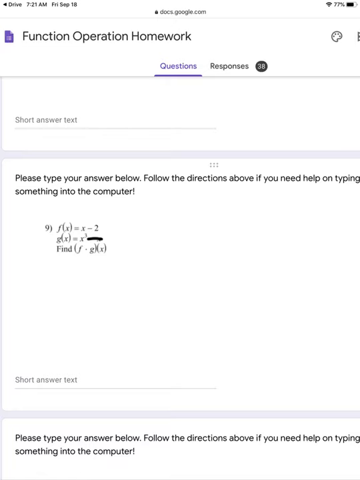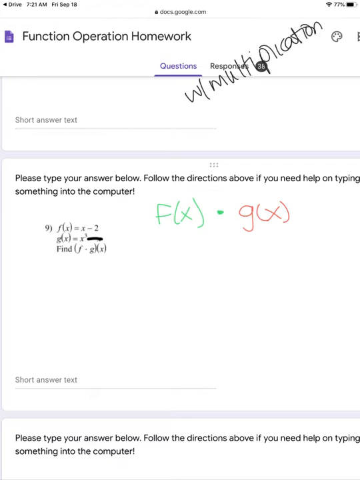Okay, on to the next one. F of x times, using my dot, g of x, okay? So, f of x with multiplication. Use parentheses on both.